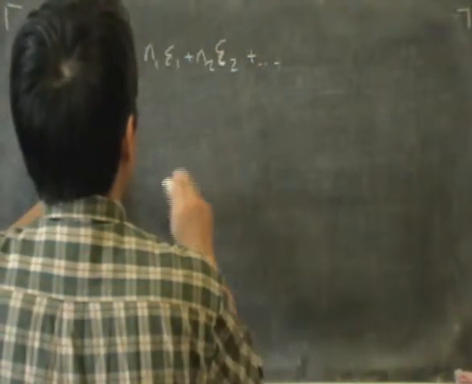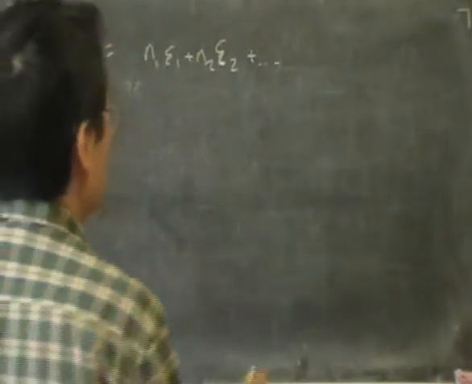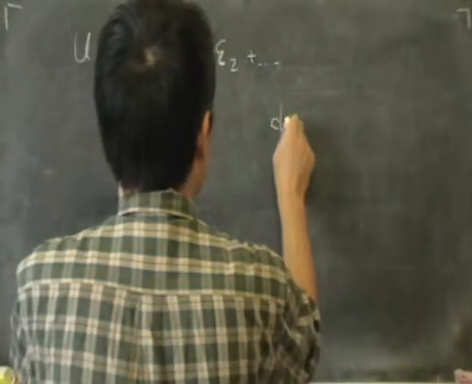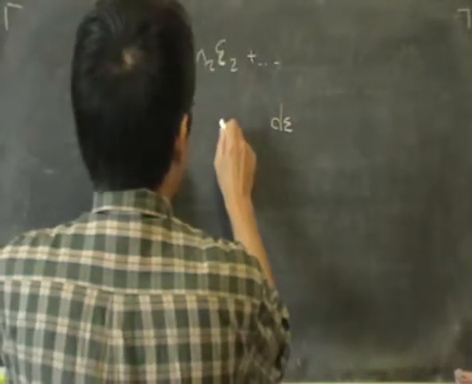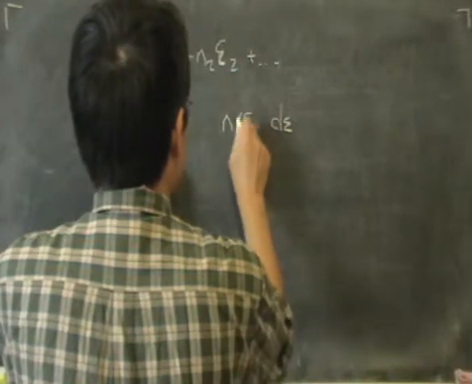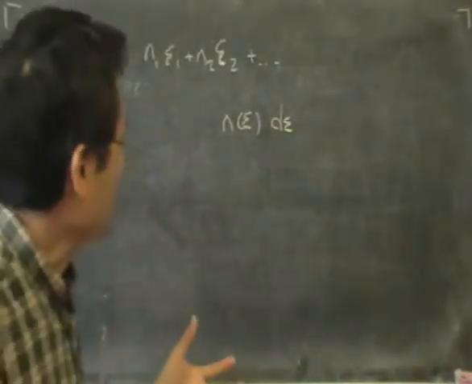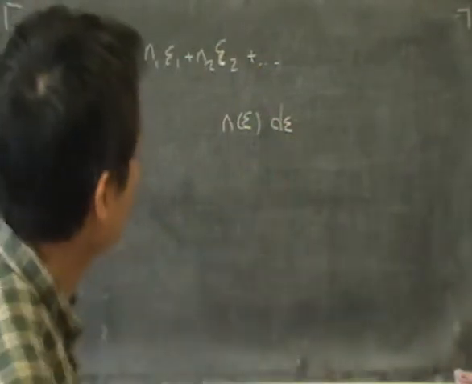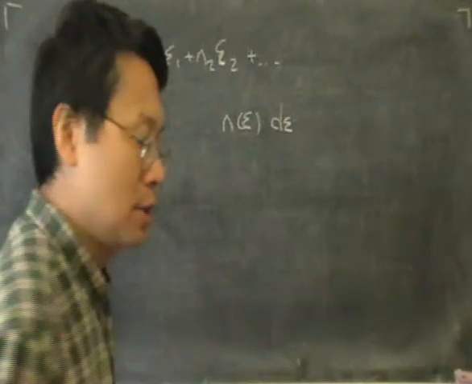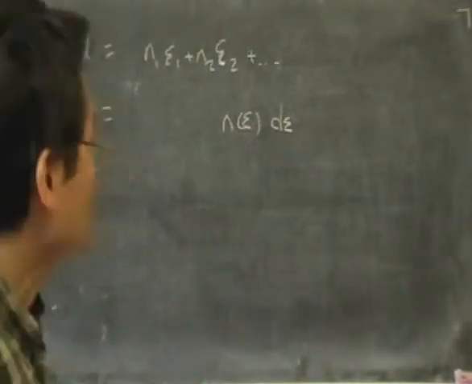We would consider a particular interval of energy, d epsilon, and I would multiply it by N(E). So N(E) was the number of particles per unit energy, and if I multiply it by dE, I get the number of particles in that interval.